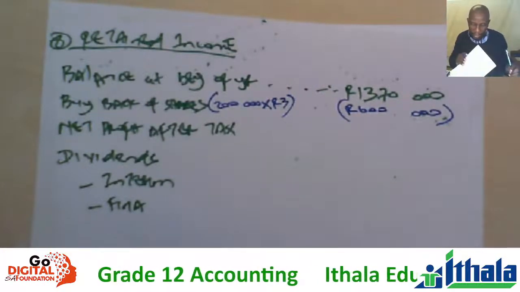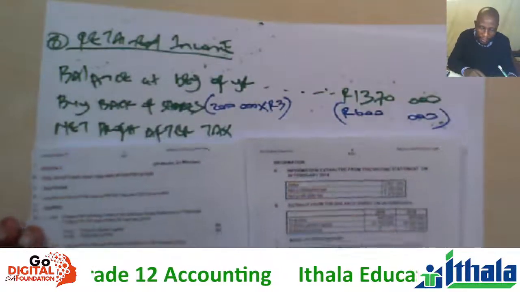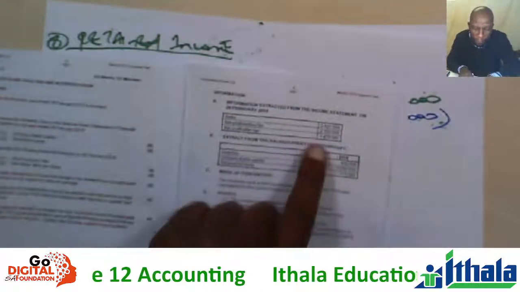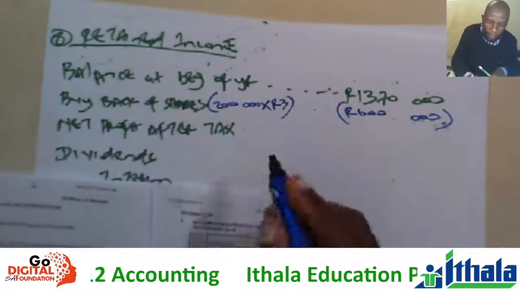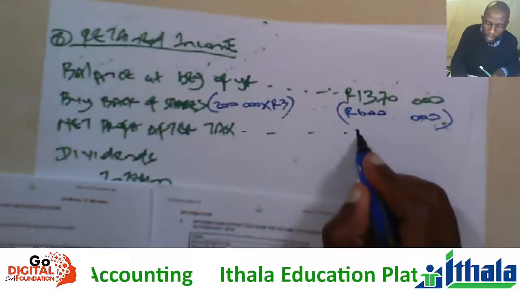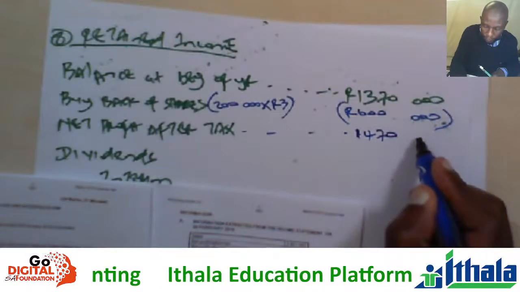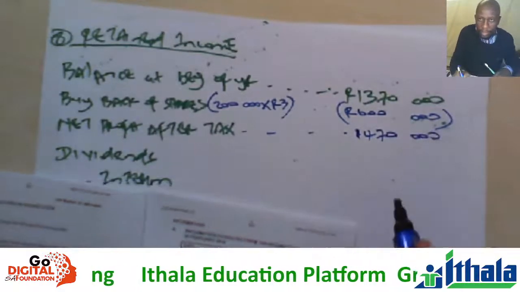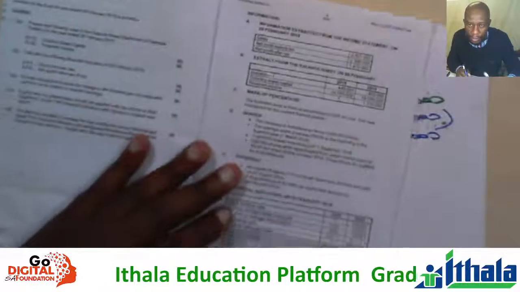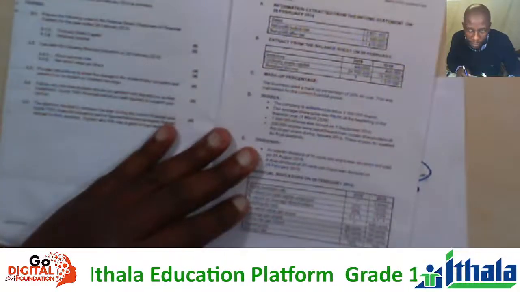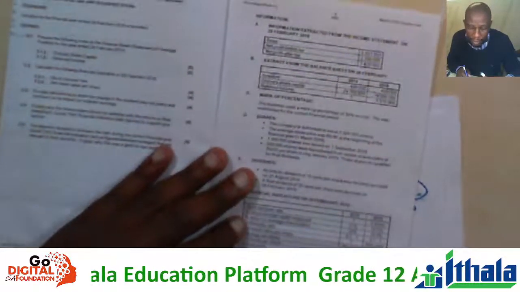And then since you are checking net profit after tax, you see we are given there net profit after tax now lapha 1,470,000, right? Nansi lapha unikeziwe net profit after tax yakho, right?